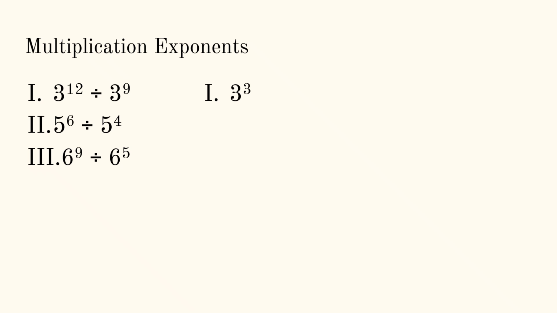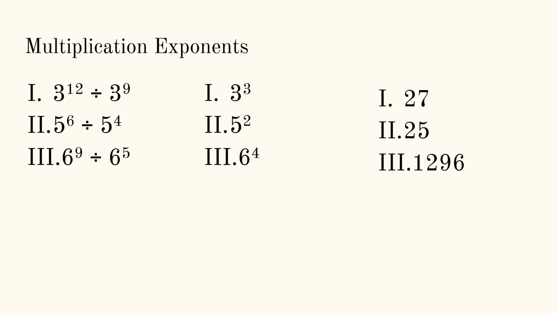For number 2, we are able to get 5 squared because 6 minus 4 is 2. And for number 3, we're able to get 6 to the power 4 because 9 minus 5 is 4. And once we simplify these numbers, we get 27, 25, and 1,296.